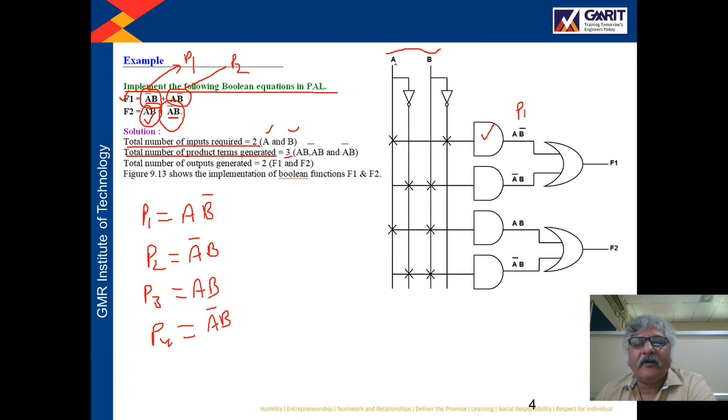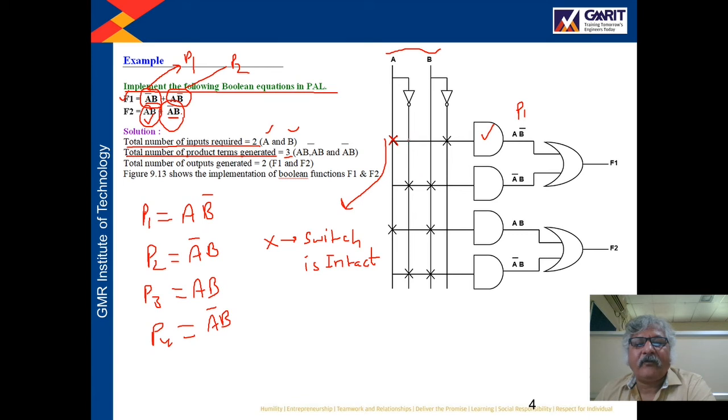Now in this simplified diagram, we simply put one cross. This cross is the indication that the switch is intact. It is not blown.